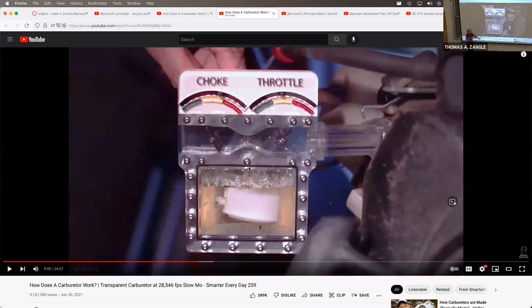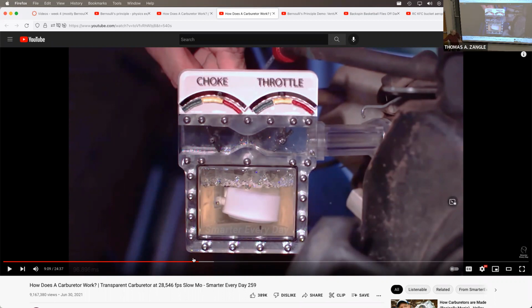So along with the flow through this area, there's also a valve which is opening and closing in time when the engine is running. And when that valve opens, it basically allows the gasoline to come in through this tube into the center of that venturi.